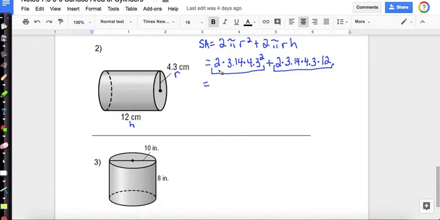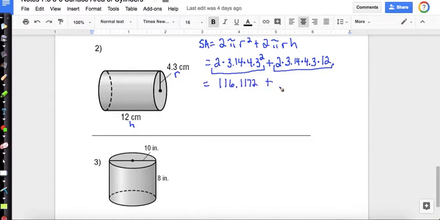Okay, now I would type this into my calculator. 2 times 3.14 times 4.3, and I would hit the x squared button, and my calculator says 116 and 1,172 10,000ths.